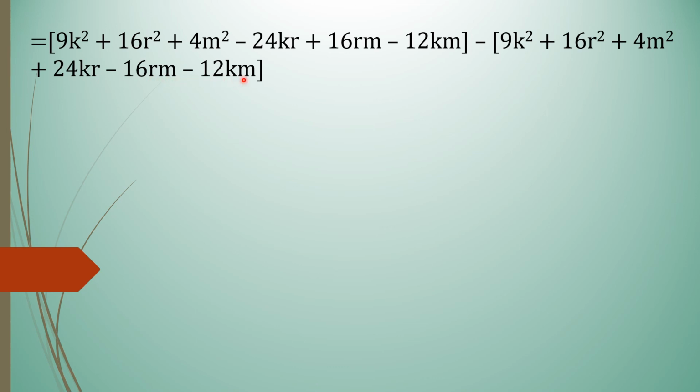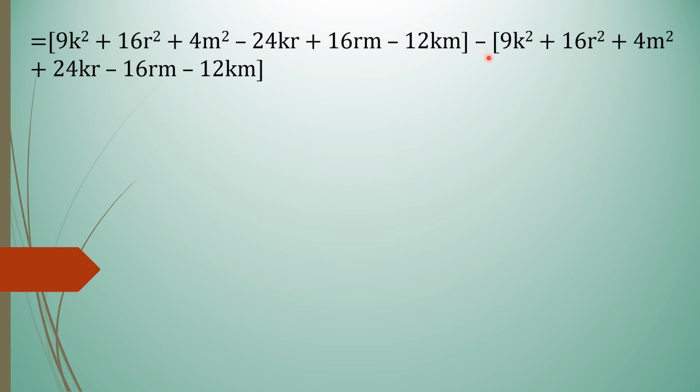Now student, our next step is to remove the brackets. Now the terms in the first bracket, these all terms will come with the same sign, because outside there is no sign, means positive, means there will be no sign change over here. Now you have to remember, while removing the second bracket, you see here it is minus.